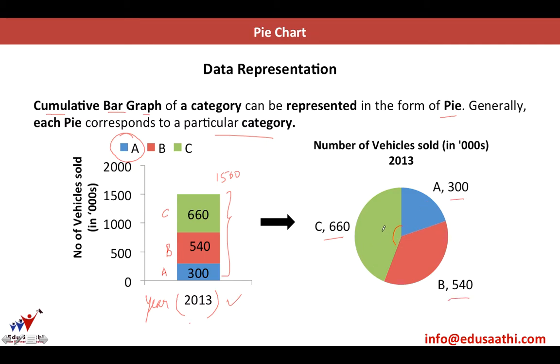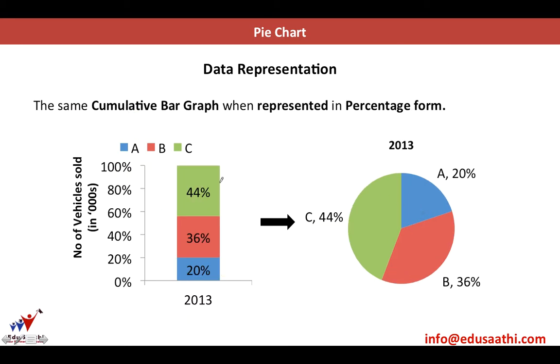Now how do we define these angles? Let's take this angle as X, this angle as Y, and this angle as Z. We'll discuss this in the slides to come. Also, if the cumulative graph is in terms of percentage, so we have again the number of vehicles in thousands, and this is the percentage. So A sold 20% of the total sales.